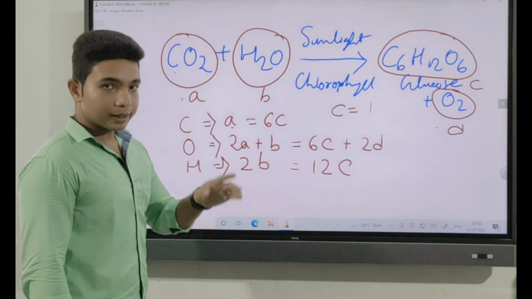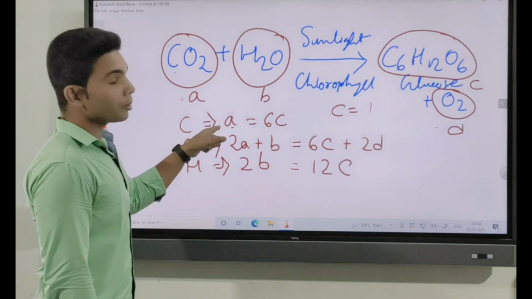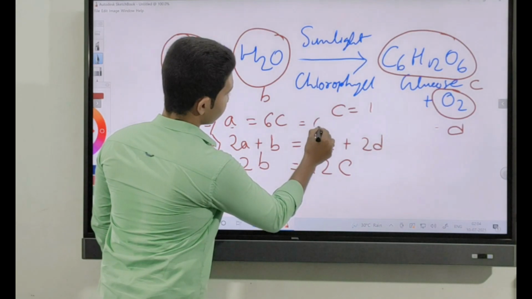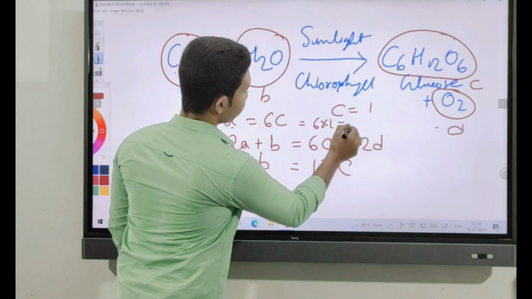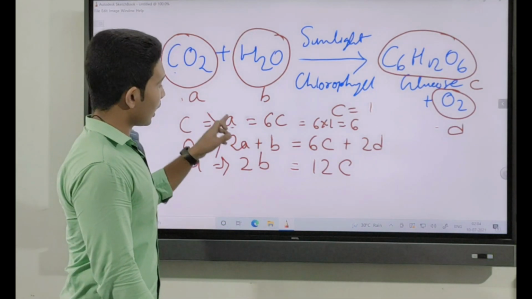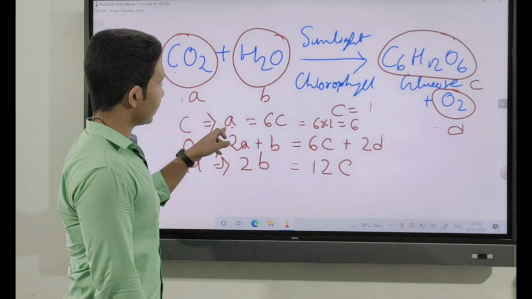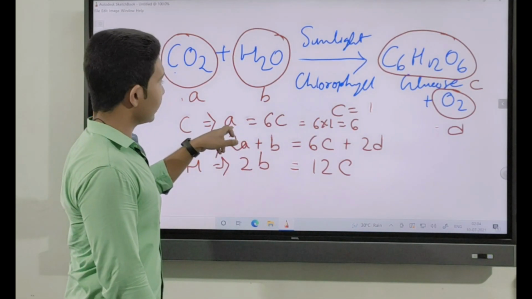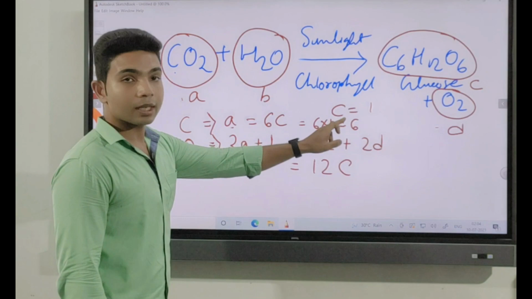Now if I imagine C as 1, then what will be the value of A? A I can write as 6 into 1, so A becomes 6 here. Fine. Now I have the value of A and C. C we have assumed as 1 and A we have found out is 6.